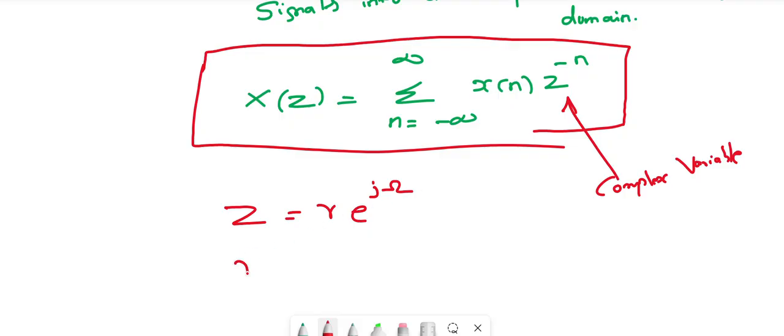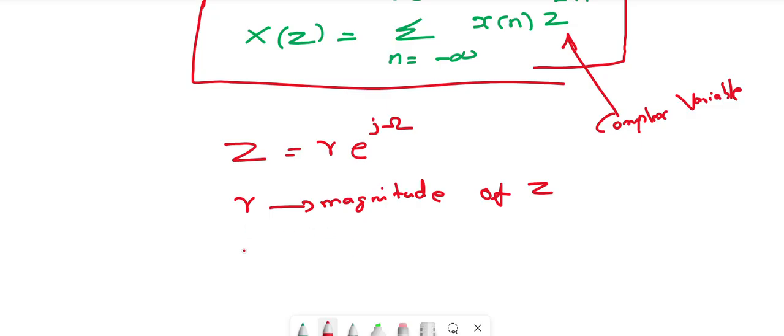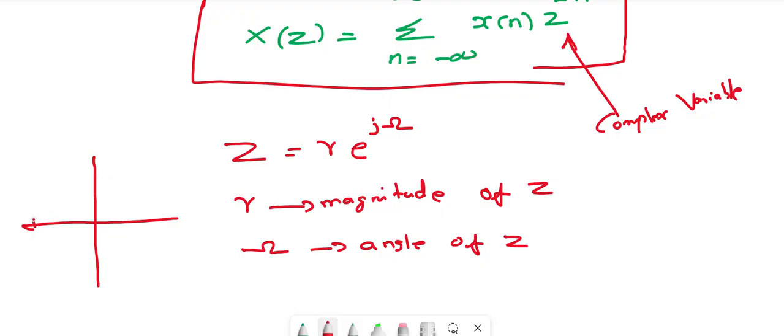What is R? That is the magnitude of Z. What is omega? Omega is the angle of Z. This is your Z plane. You can represent the Z transform on a unit circle.